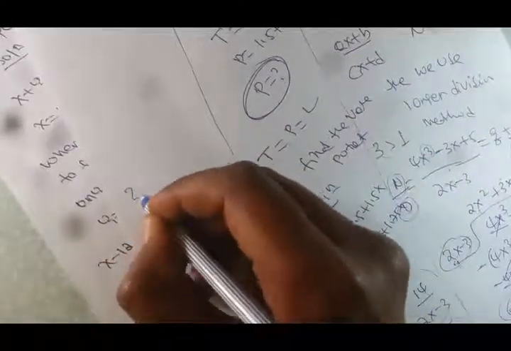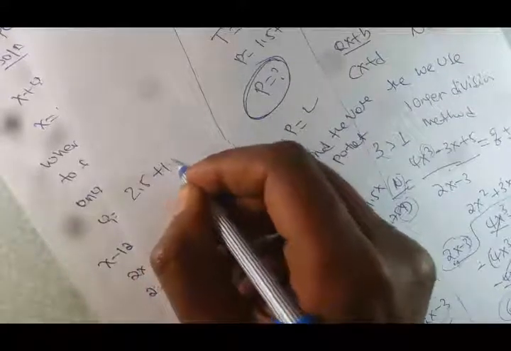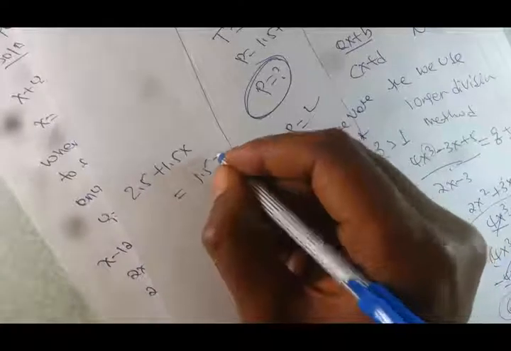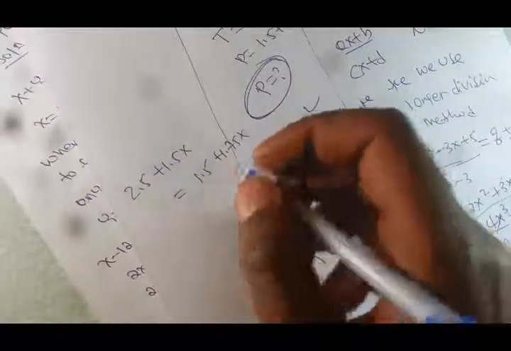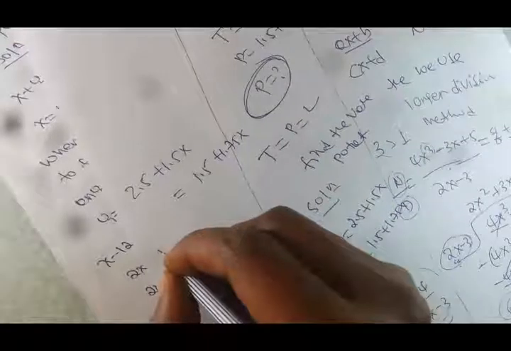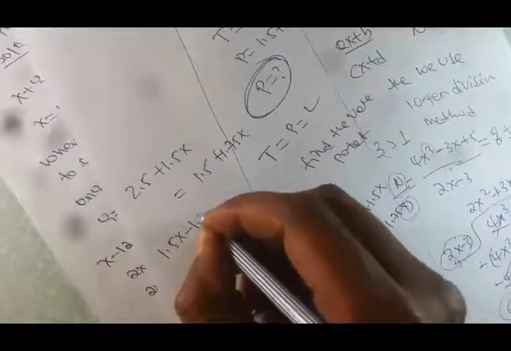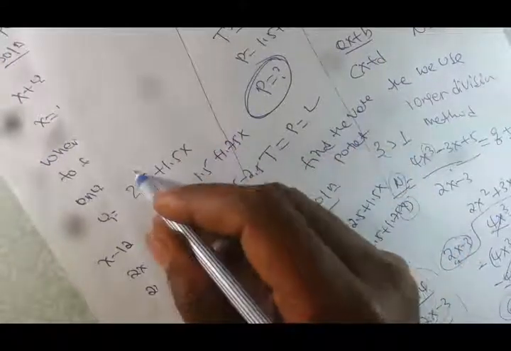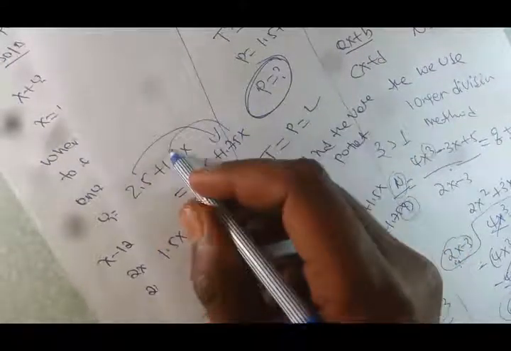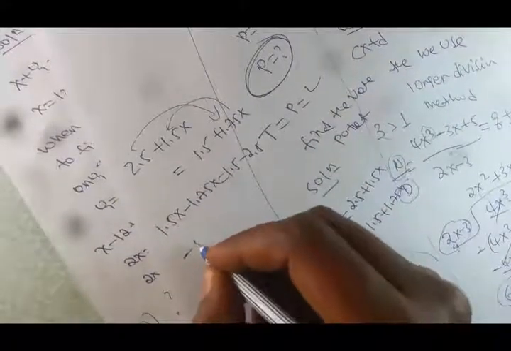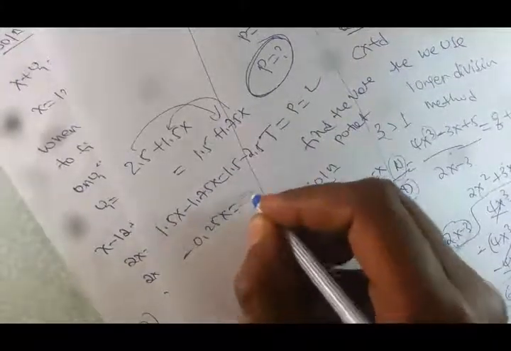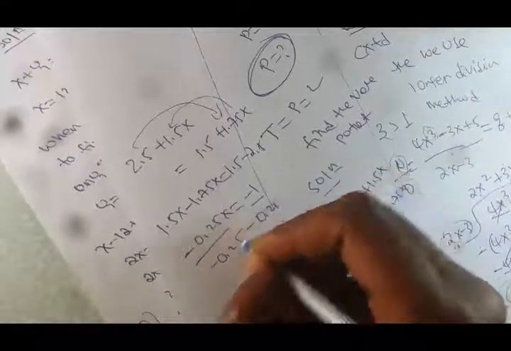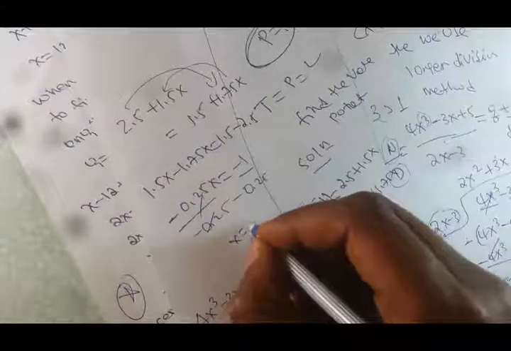Therefore 2.5 plus 1.5x is equal to 1.5 plus 1.75x, and collecting like terms, 1.5x minus 1.75x is equal to 1.5 minus 2.5, when we bring 2.5 to the right and 1.75x to the left. Therefore this will be minus 0.25x is equal to minus 1. Dividing by minus 0.25, x will be 4.